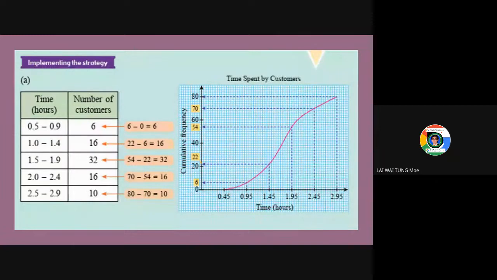So we look at the solution. From this ogive, let's say the question didn't give you the class interval, you need to find it yourself. So how do I get this class interval?